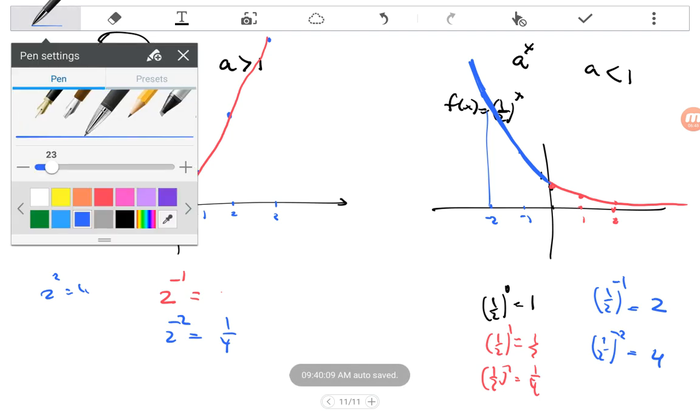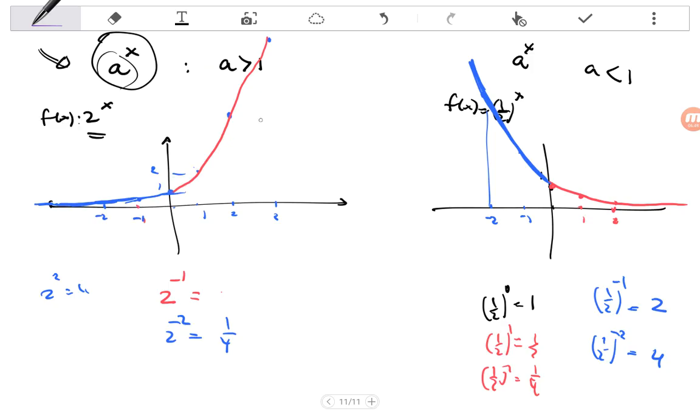As you notice, what is the relation between a power x with a greater than 1 and a power x with a less than 1? What can you notice about the relation between these two curves? They are just the reflected versions of each other. Why is that?